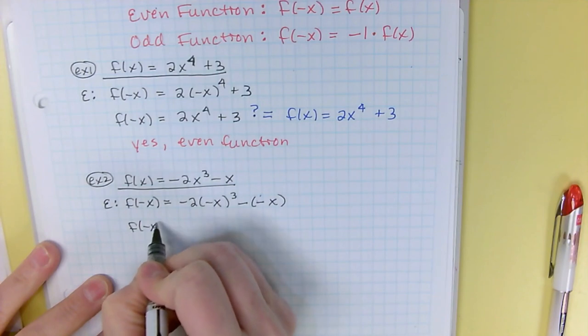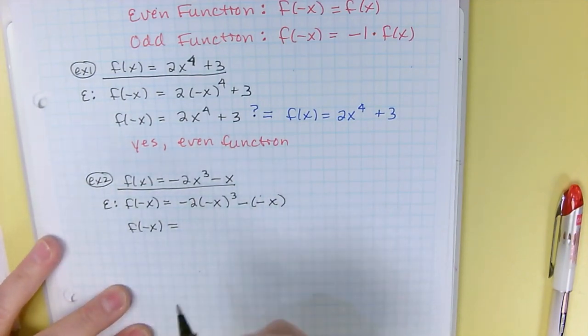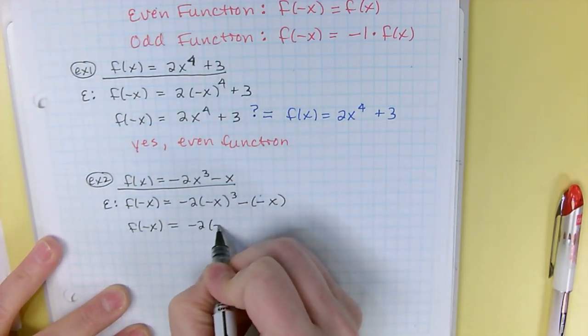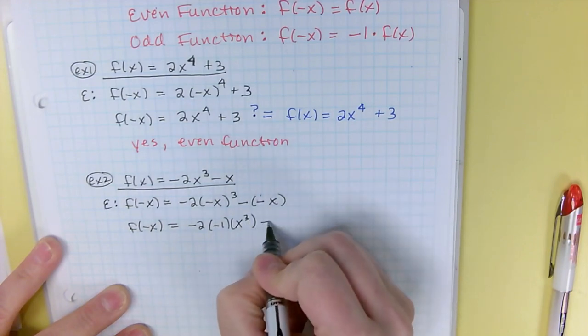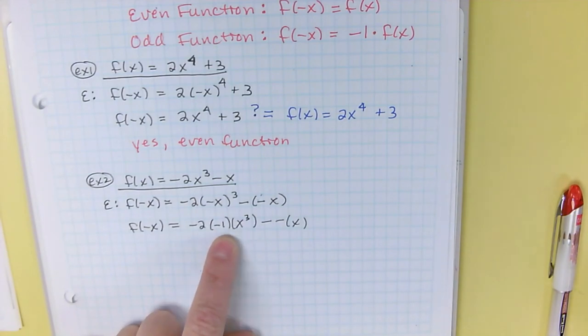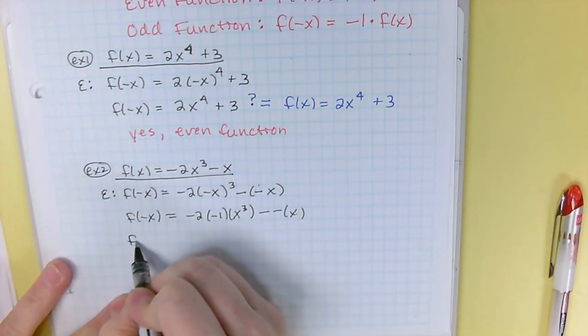And we simplify. Negative x cubed, you always do exponents first, is a negative x cubed. So now I have a negative 2 times a negative 1 times x cubed. So do your power first. So we got an x cubed with a negative parked out front. And then simplify.